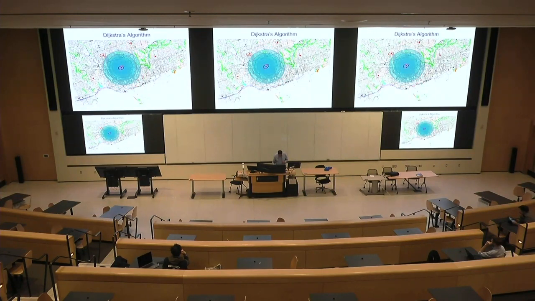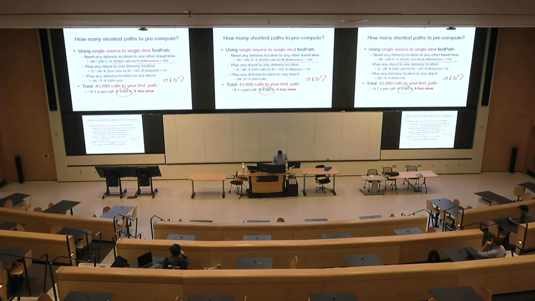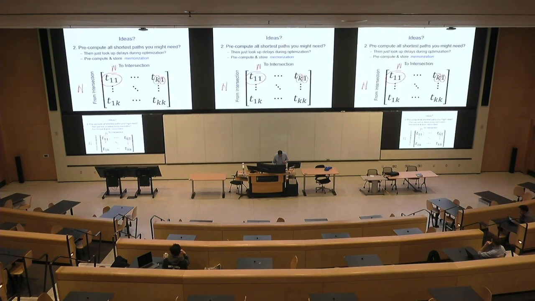Every invocation of that path search algorithm is going to fill in a row. So if I had more processors available, I could launch that algorithm from multiple start points on different processors, and I could be filling in more than one row at once.